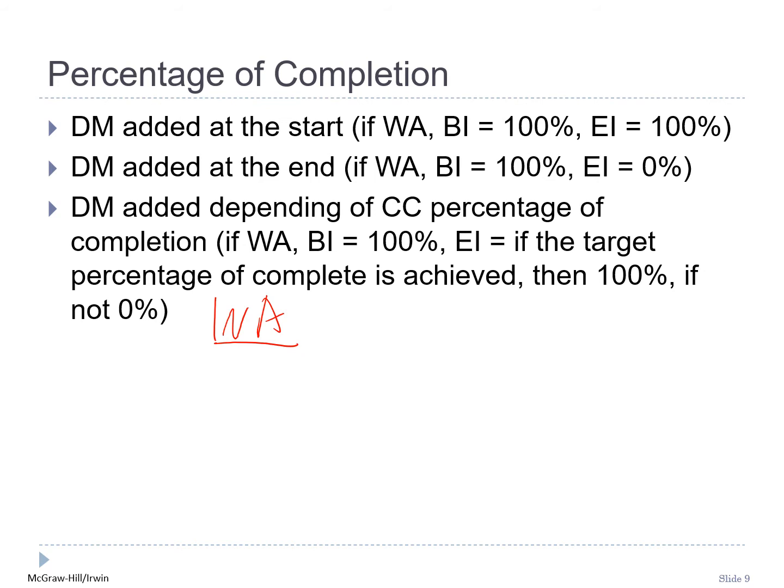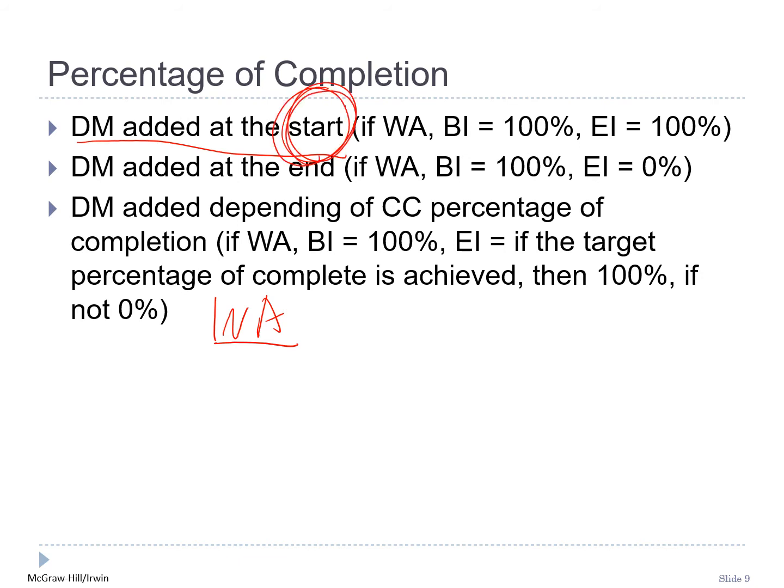Sabi niya, the percentage of completion will be provided depende dun sa assumption ng firm. Pwede niya sabihin na, for example, direct material are added at the start. Kapag yung direct material added at the start, ibig sabihin, start ng production process.